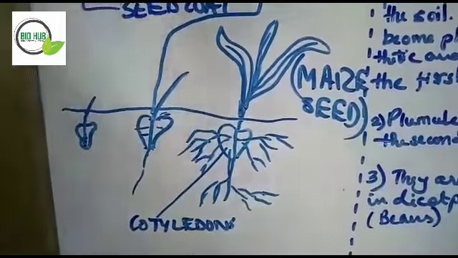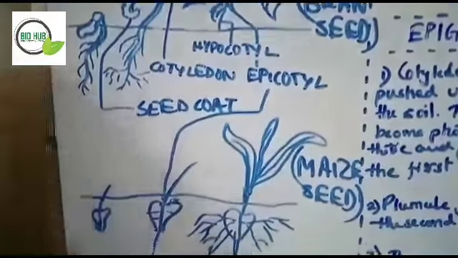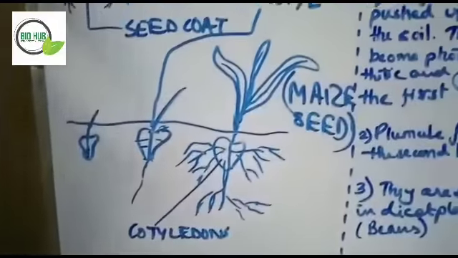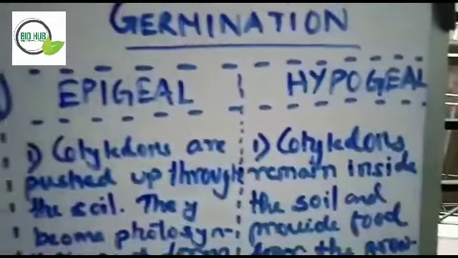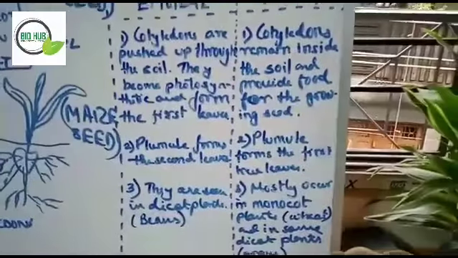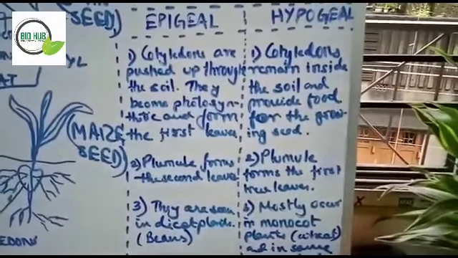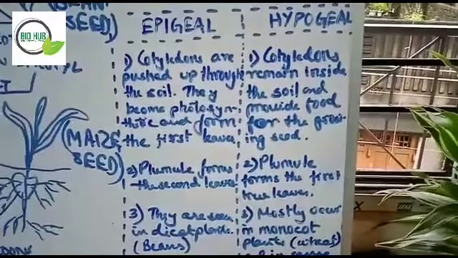I think you have understood the difference between hypogeal and epigeal. Now let's do a quick recap of the differences between epigeal and hypogeal germination. I have written three points.